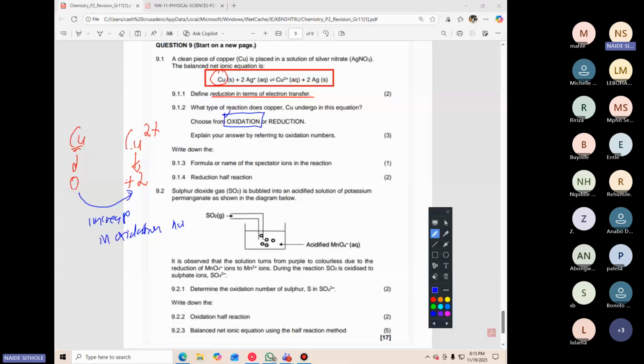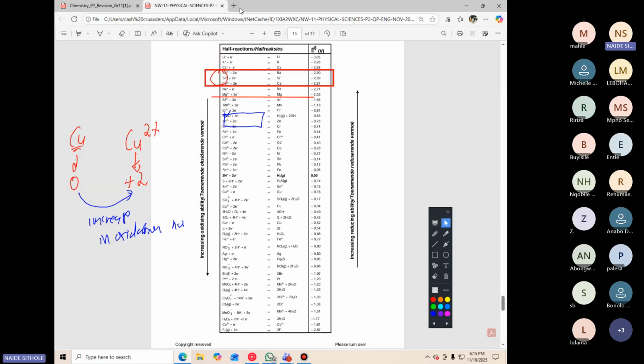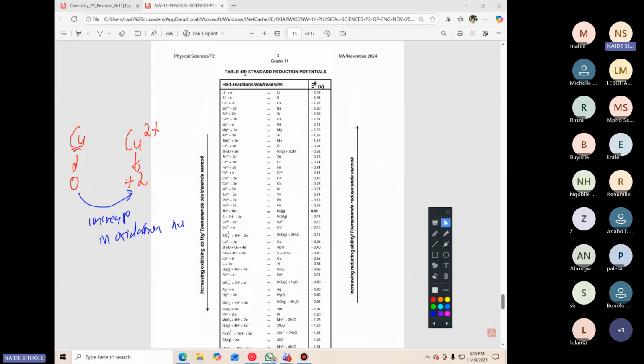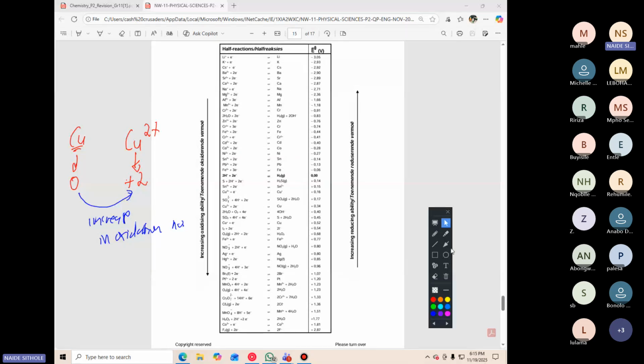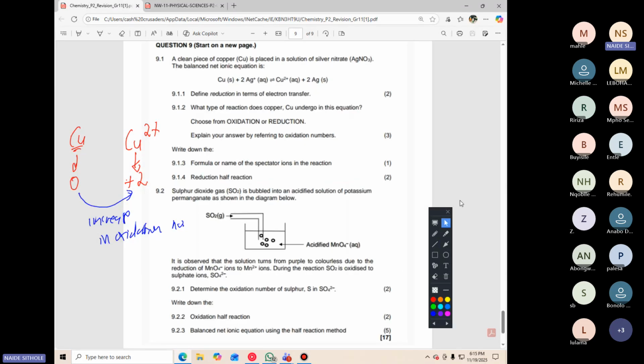Another way to also go about it is to check here. Remember, I also taught you how to use your 4B table. So you can simply just go here and make sure that you are using the 4B, not the 4A. Then I said, look for those two substances that you are given, copper and silver.